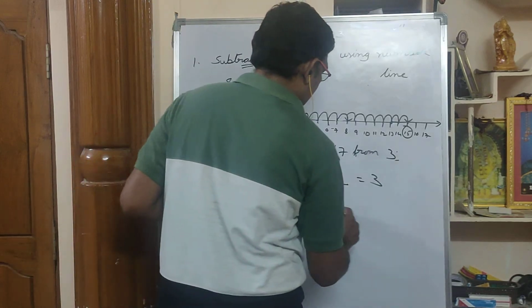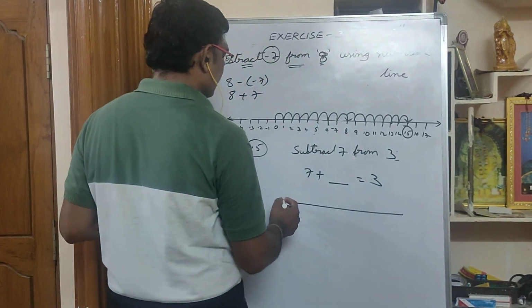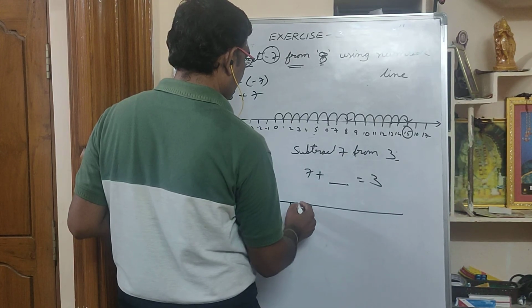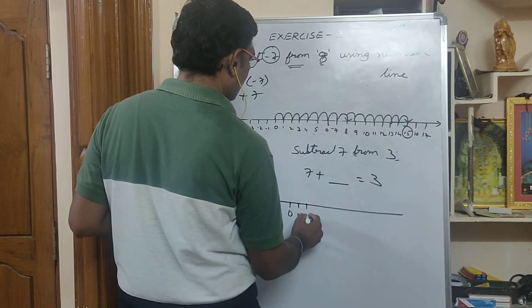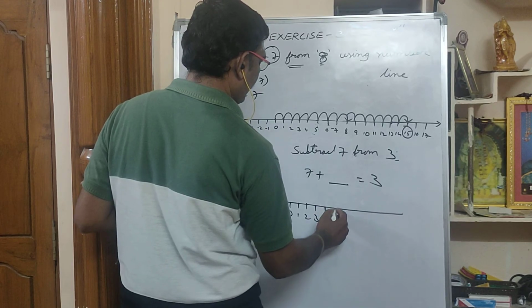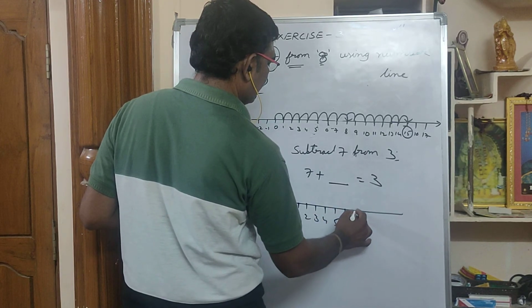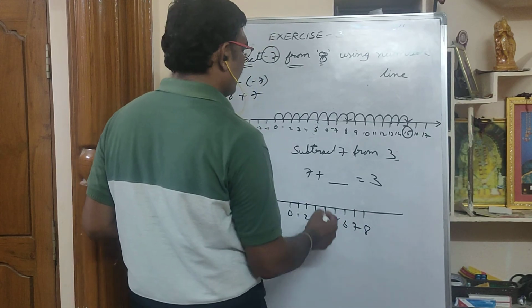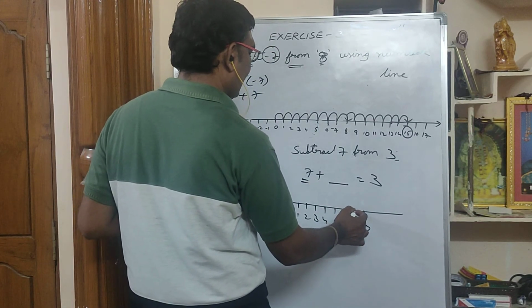For this number line, again here 0, 1, 2, 3, 4, 5, 6, 7, 8, something is there. So 7 is there already.